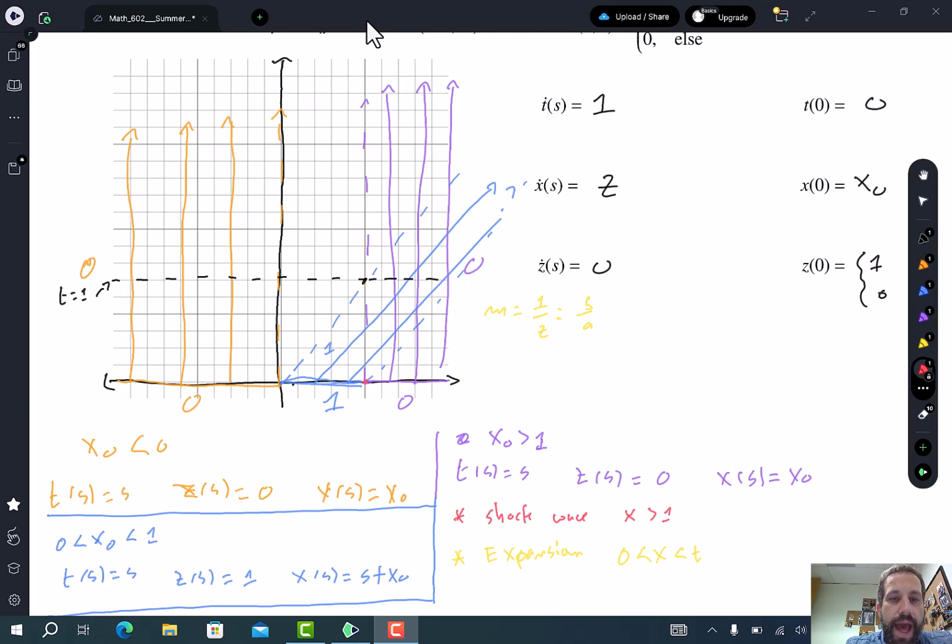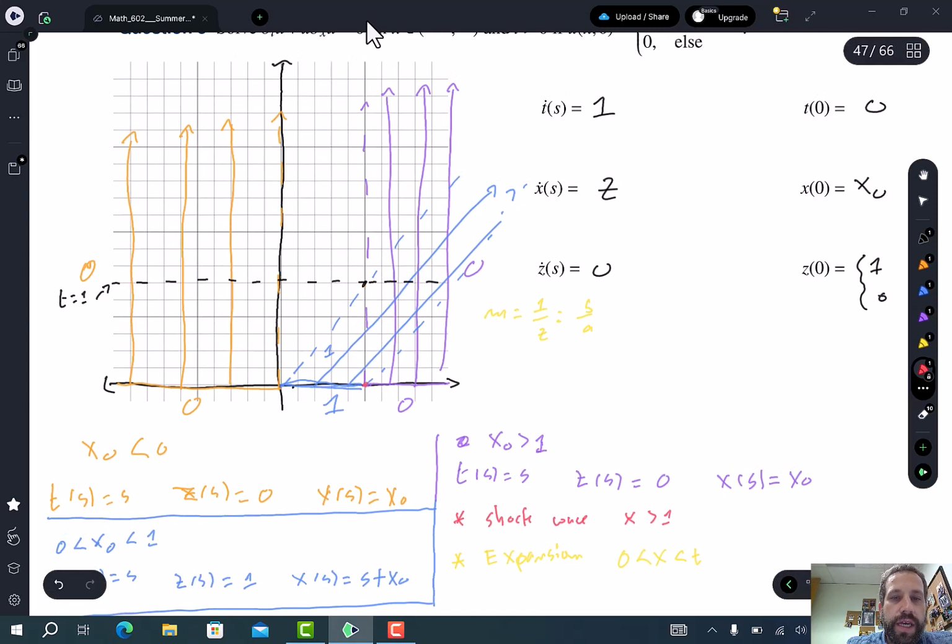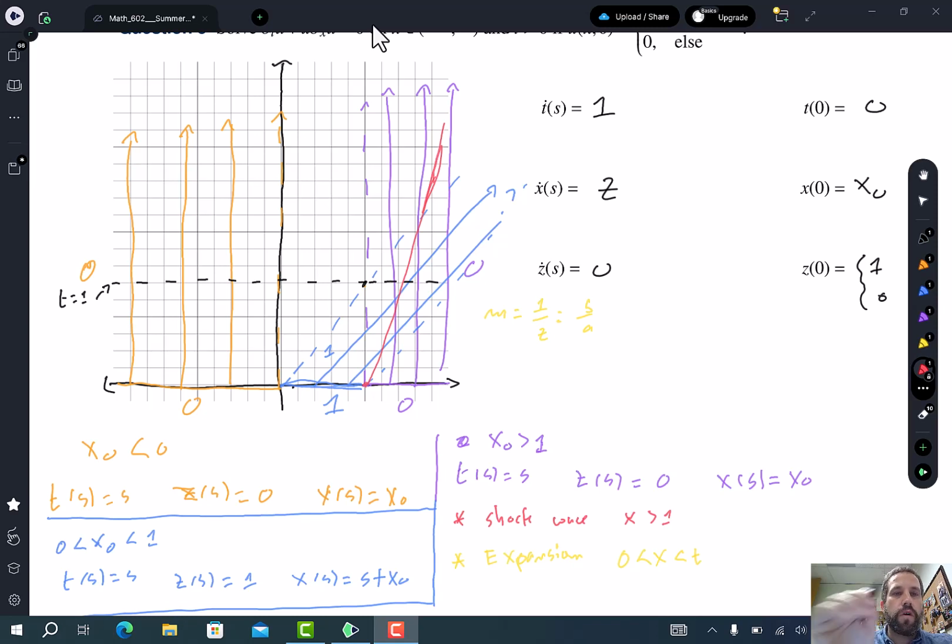So notice what's going to happen. Eventually, the shock is going to pass out of the blue area. It's going to be up here, something like this. Now if I look at this shock right here, the blue part is no longer the left-hand part, and the purple part might still be the right-hand part, but the blue part is definitely not going to be the left-hand part.